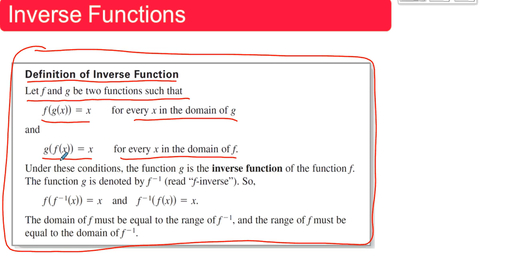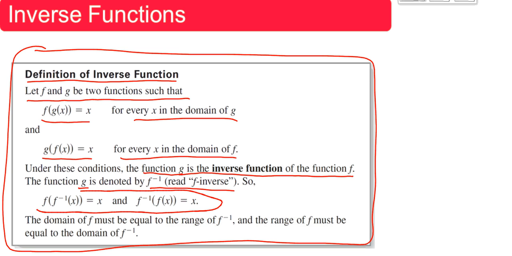If these are the conditions, then the function g is the inverse of the function f, and we're going to rename g as f inverse. Then the critical thing is that the domain of f has to equal the range of f inverse, and the range of f must equal the domain of f inverse.